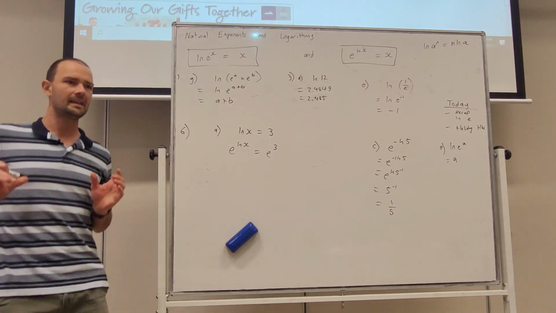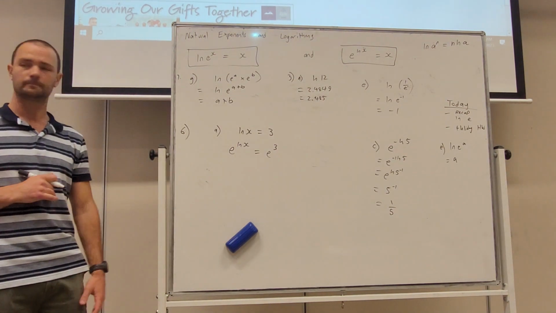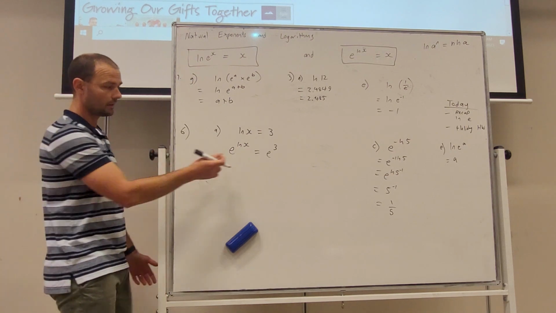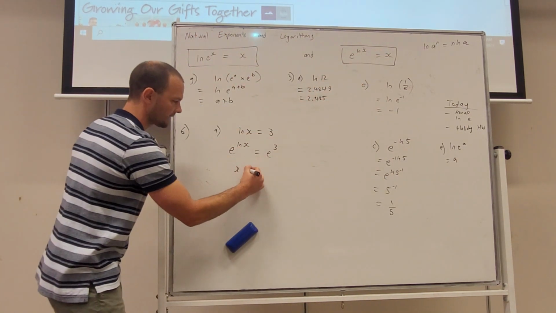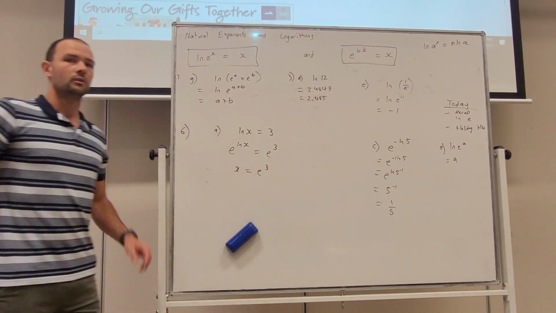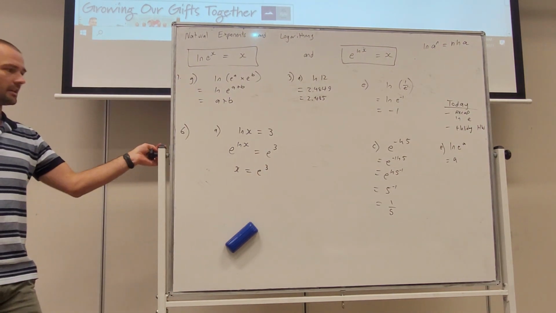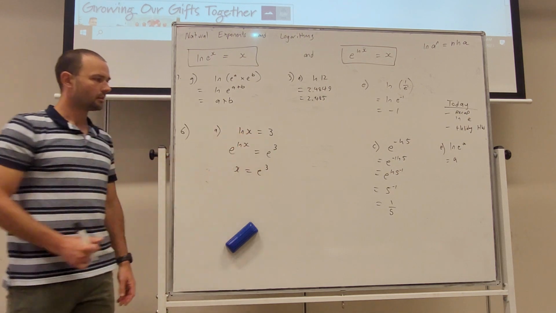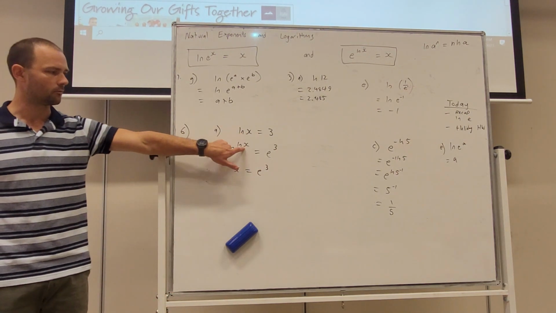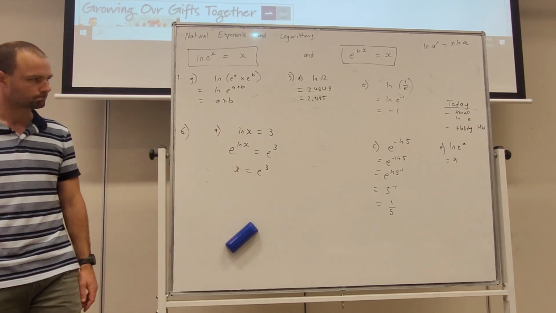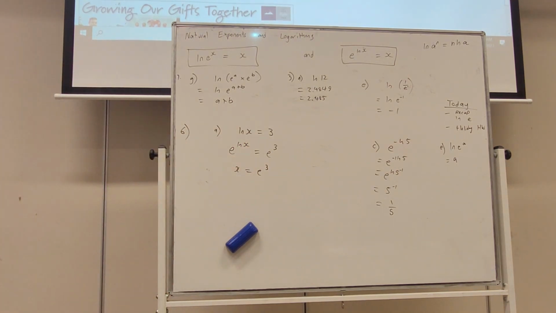I've raised e to the power of both sides, and now e to the ln x simplifies to x. So the way you think of it is, if I've got ln x, the way to get rid of it is e to the power of both sides. That's going to get rid of the ln. Okay, so that's question A.